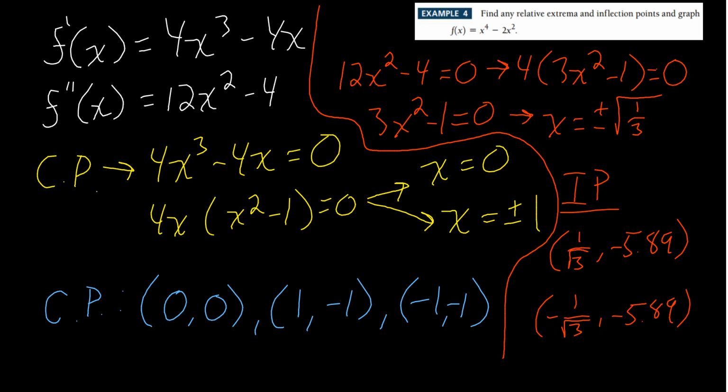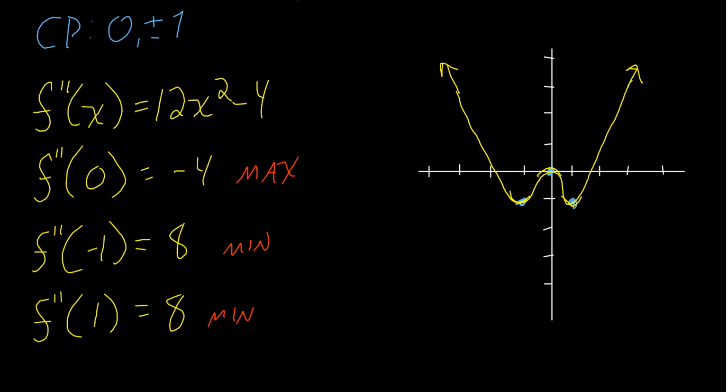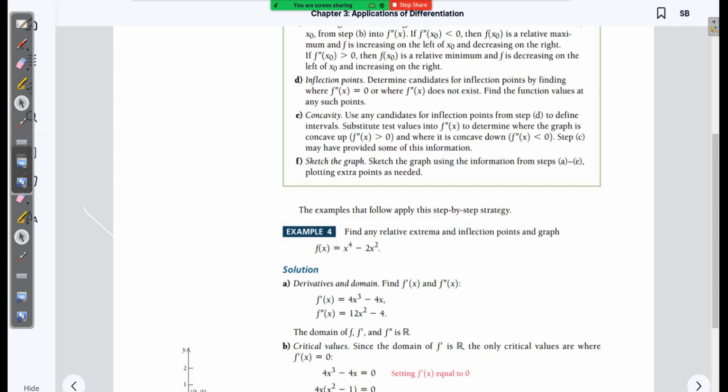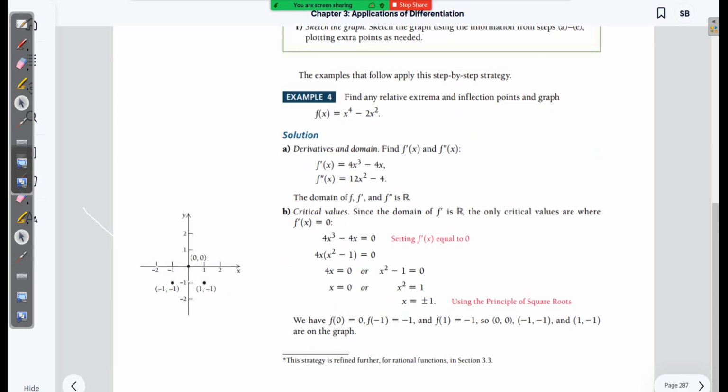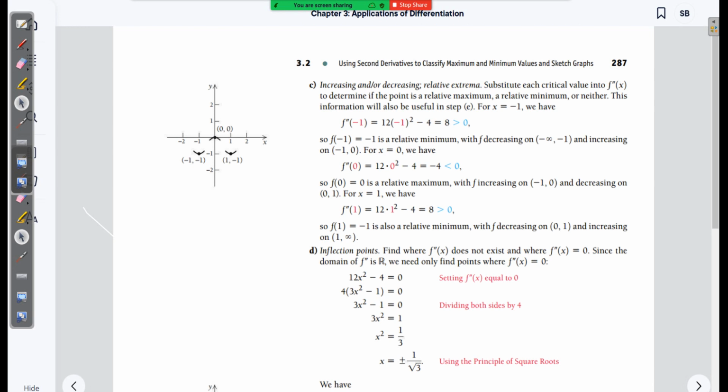Cool. So again, when it comes to actually graphing, the inflection points, in my humble opinion, aren't necessarily that important. But like I said, the problem wants us to find them, and so does the homework and the test too, sorry. So we found them. And let's go ahead and give you the nice pretty graph, which also includes our inflection points.